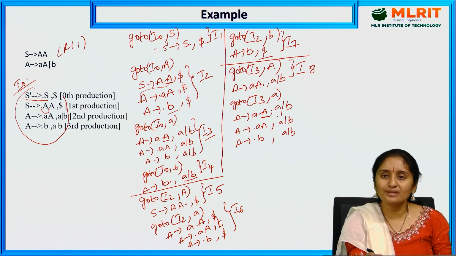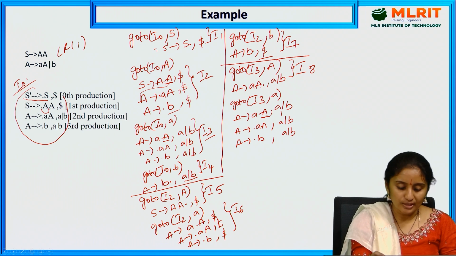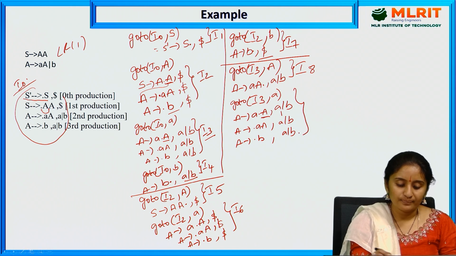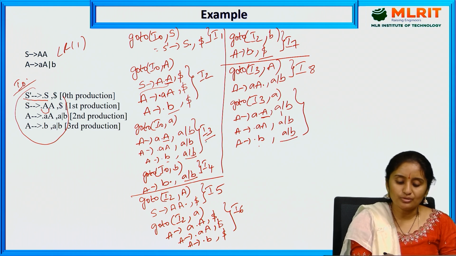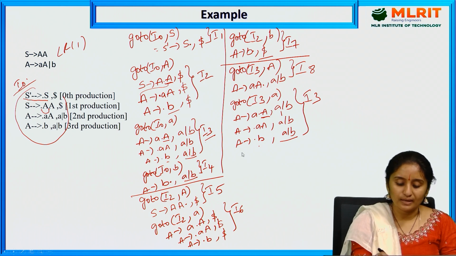Check whether the same production exists. I3 and this one are both the same, with look ahead symbols A by B here and A by B there also. So we write the same state, I3.